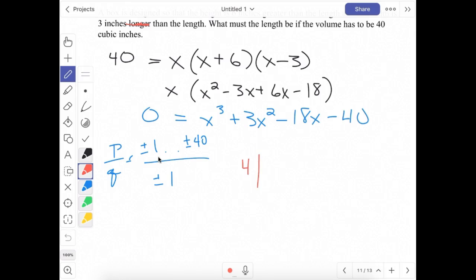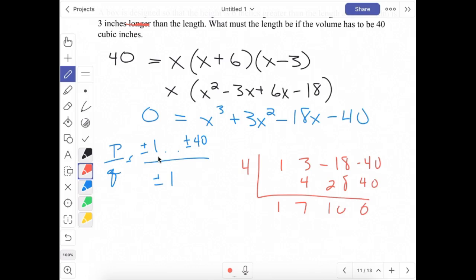So one that's going to work out for us would be 4. So I can put a 4 here for synthetic division. 1, 3, negative 18, negative 40. Bring a 1 down, times by 4, 7, 28, 10, 40, 0. So this would end up being x squared plus 7x plus 10 equals 0.